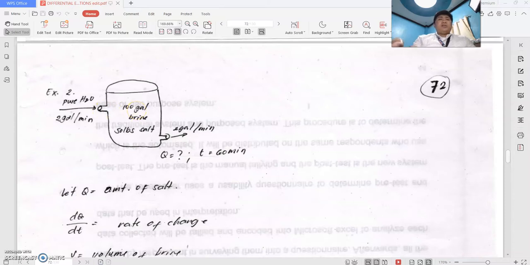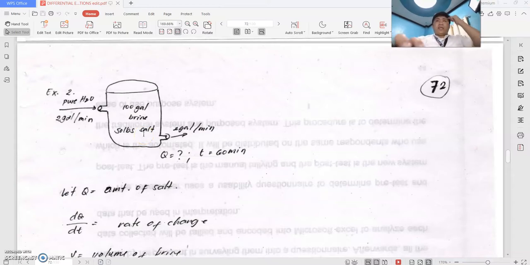So as water enters this tank, the longer it enters, the salt here will slowly move out. So the salt will be decreasing. So let's try if that answer is correct.